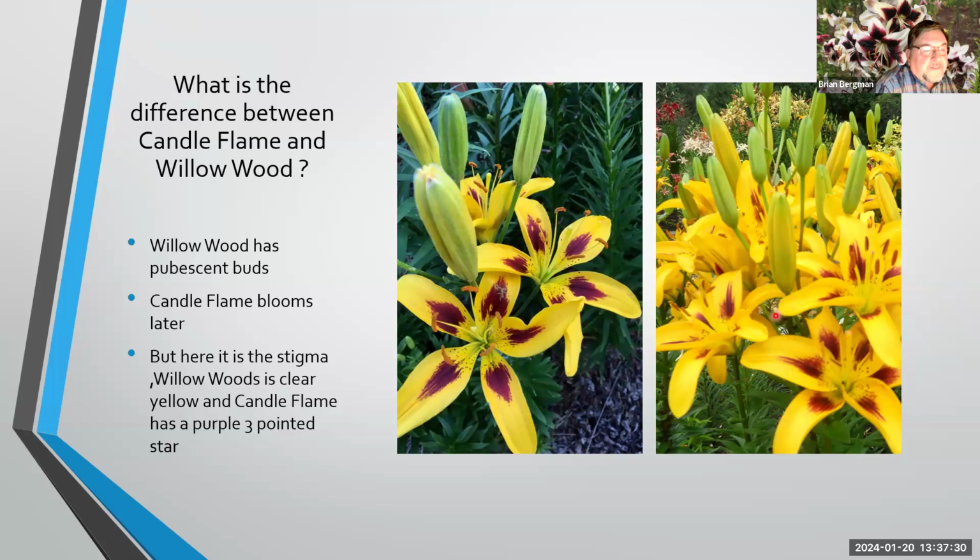And the stigma, it's hard to tell on this picture, but Willowwood has a clear yellow stigma, and Candle Flame has a purple three-pointed star stigma. Candle Flame has broader, overlapping petals, and that's really obvious. Look at the great, bigger inflorescence. Isn't that fabulous? Next slide.